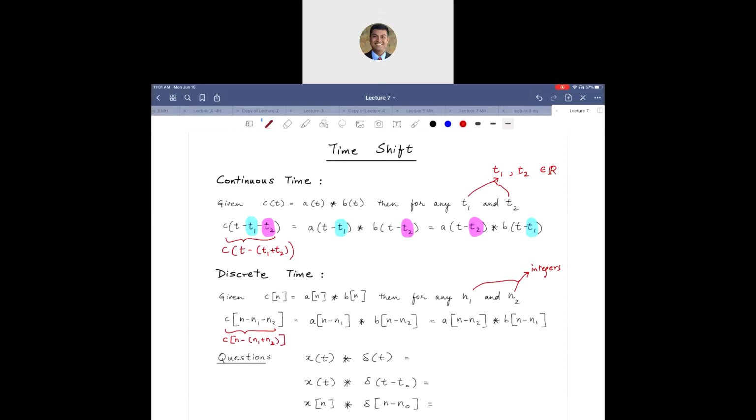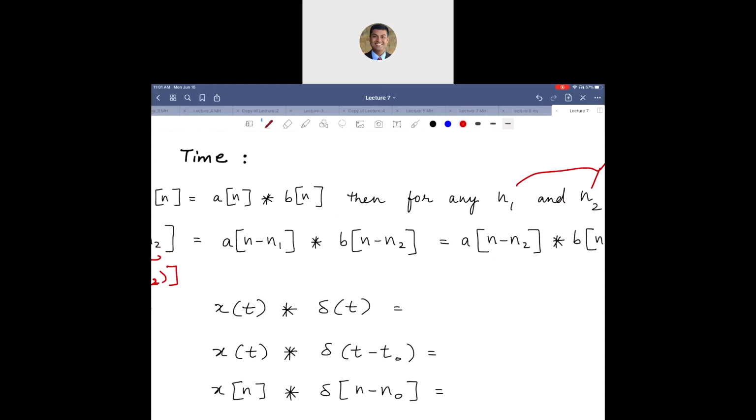All right, so let's ask a few questions here in order to check our understanding. X of t convolved with delta of t, what is the output? We just proved it. Any signal that convolves with an impulse gets back the same signal, x of t. What's next? X of t convolved with delta of t minus t0.